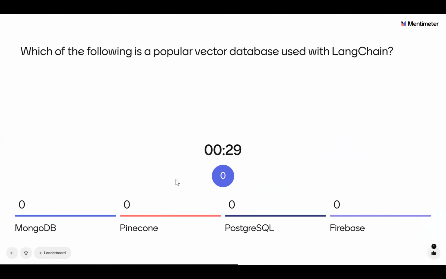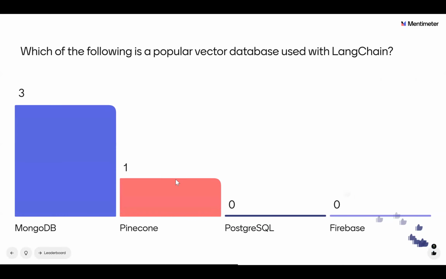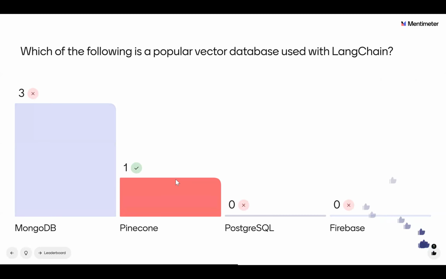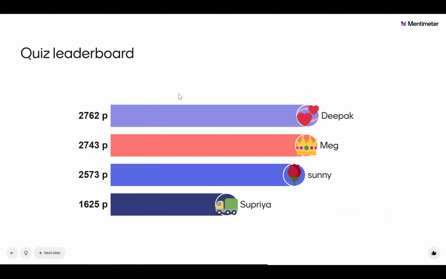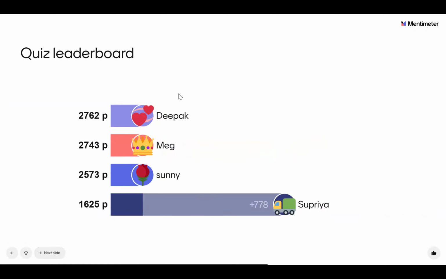MongoDB, Pinecone, PostgreSQL, Firebase. The correct answer is Pinecone. Oh my God, this is a very simple question, right? How come only one person answered it correctly? MongoDB is not a vector database. Okay, only Supriya answered it correctly.